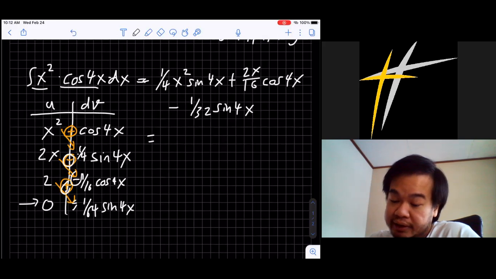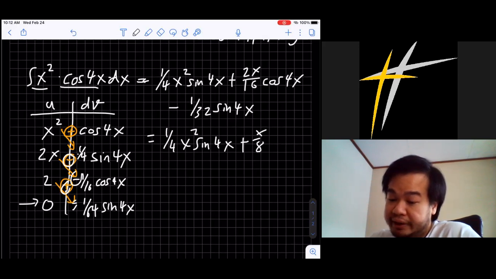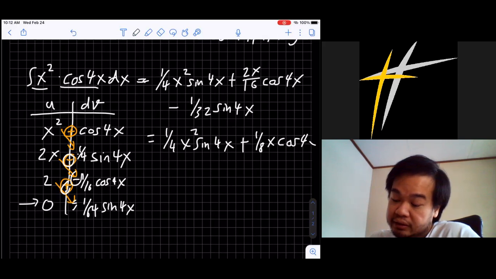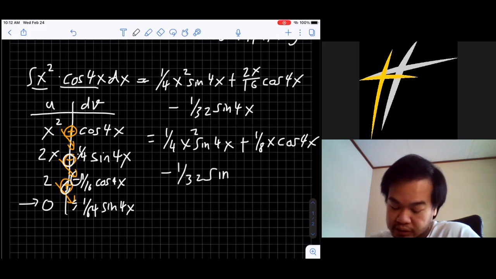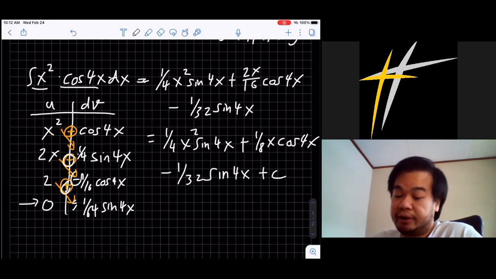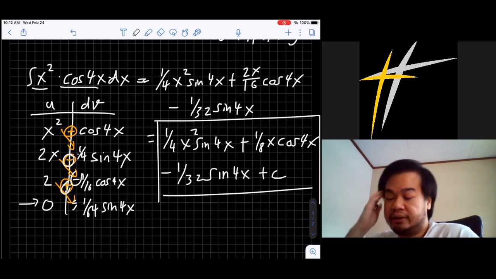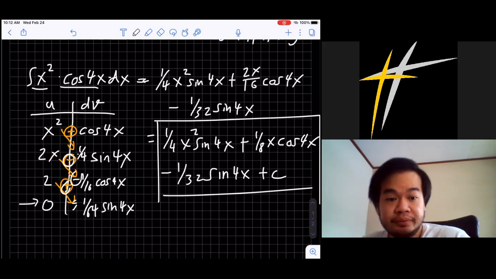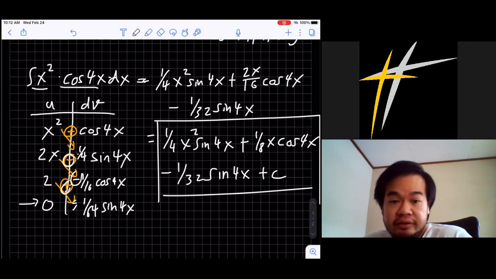If we simplify, 1 over 4 x squared sine 4x plus 1 over 8 x cos 4x minus 1 over 32 sine 4x plus c. You should get the same result as in the previous notes. So that's how you do rapid repeated integration by parts.